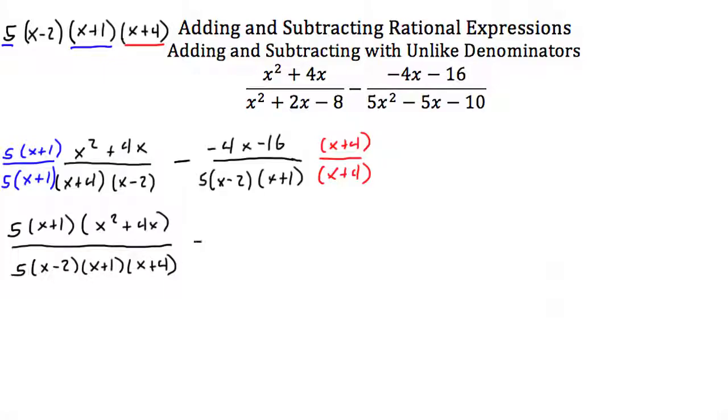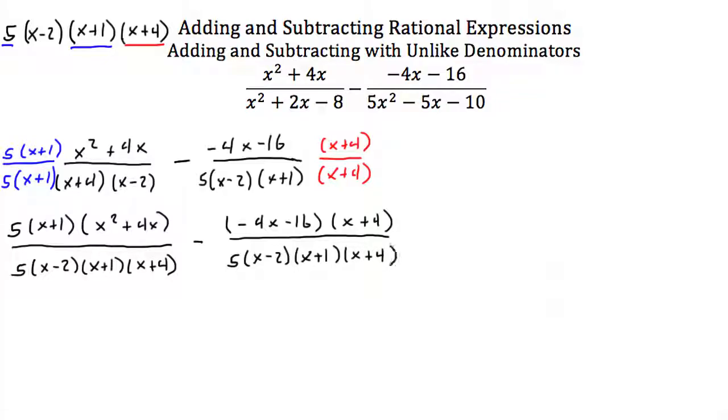And we're subtracting a negative 4x minus 16 times x plus 4 all over 5 times x minus 2 times x plus 1 times x plus 4. Now this is a subtraction problem, so I'm going to turn it into an addition problem by changing the sign and placing a negative 1 out front of my second term.